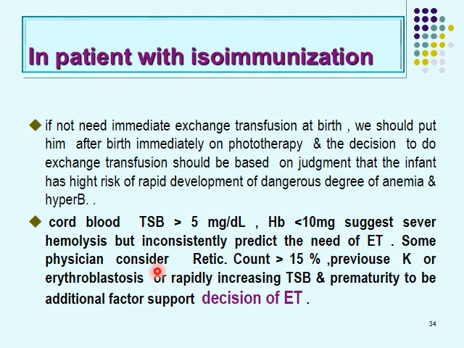Some physicians consider it if it is associated with reticulocyte count more than 15%, or history of a previous baby with kernicterus or erythroblastosis, or rapidly increasing TSB, or prematurity to be additional factors supporting the decision of exchange transfusion.